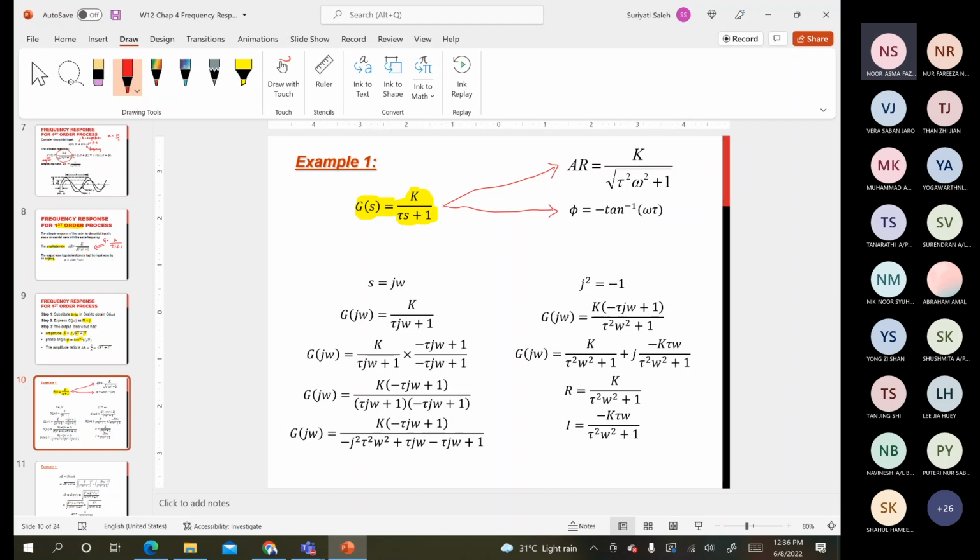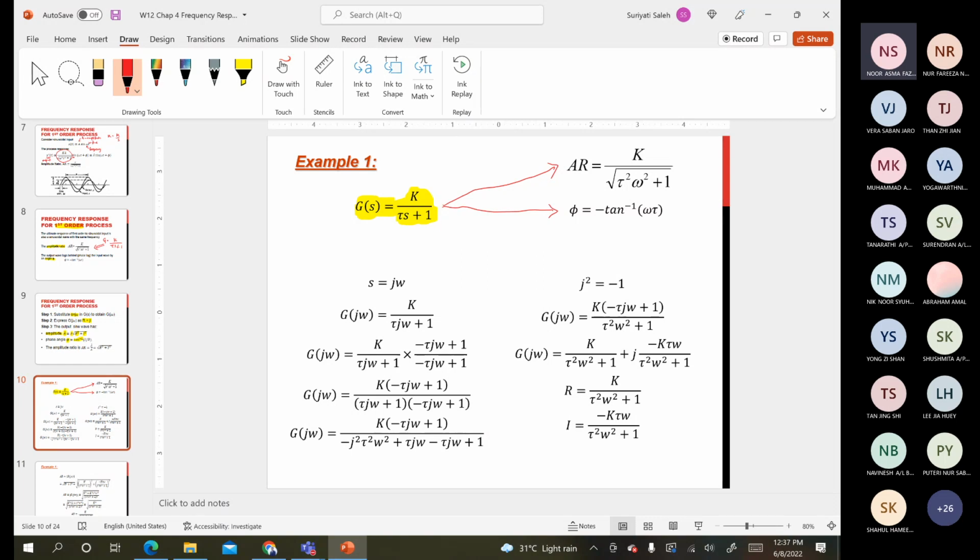And then the angle represents the slope. Sometimes you have a sharp slope, and sometimes you have a decrement slope. So the angle to represent the slope is known as the phase angle, where here we just want to demonstrate how we get the amplitude ratio and the phase angle from the first order transfer function.